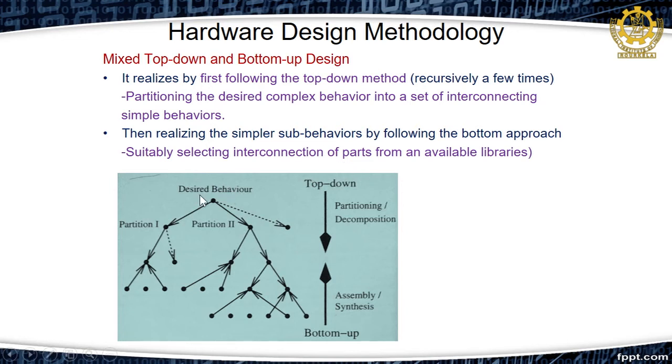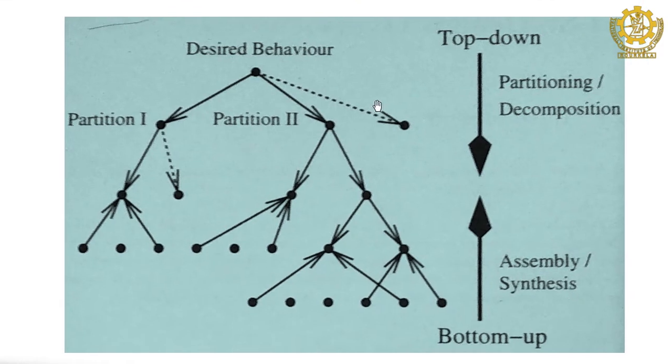As the figure indicates, it starts from a desired behavior. Some portions you can partition into different blocks. Here you can see it is a top down approach till here, then again there is a bottom up approach. Somewhere here it is top down and a few portions bottom up, and similarly top down and a few portions bottom up.